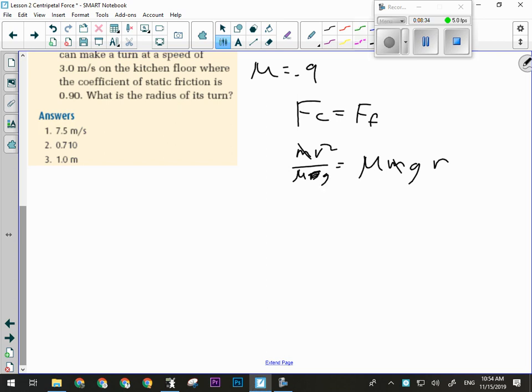That'll solve for r. So r will equal 3 squared, that's with the speed, divided by 0.9 times 9.8. That should give us 1.0. Questions on number 3?